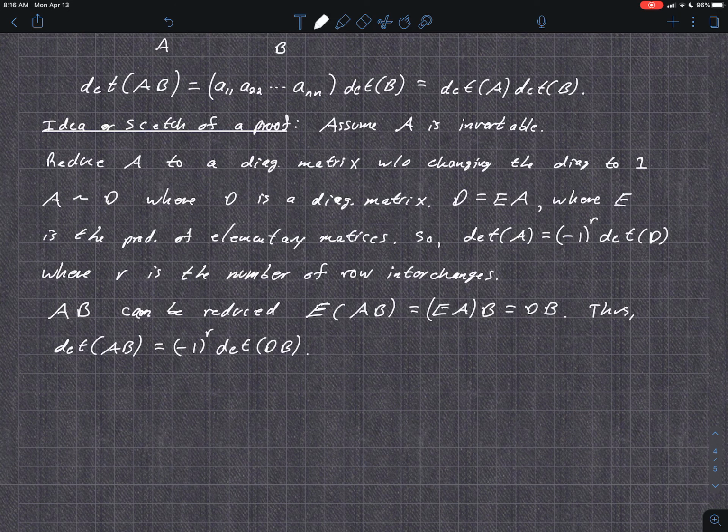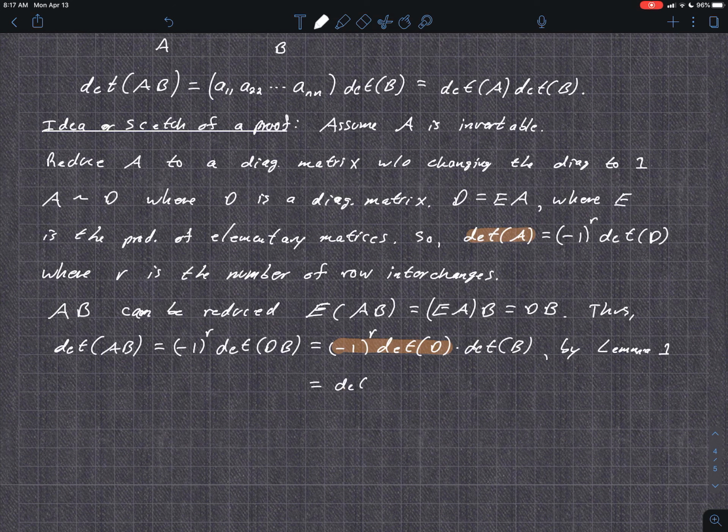But D times B is a diagonal matrix. So now if we apply lemma 1, which we just did, this is equal to negative 1 to the R times the determinant of D times the determinant of B. But we can see that this, from above, is the determinant of A. So that's essentially by lemma 1.